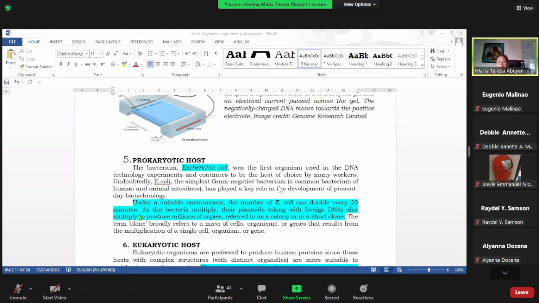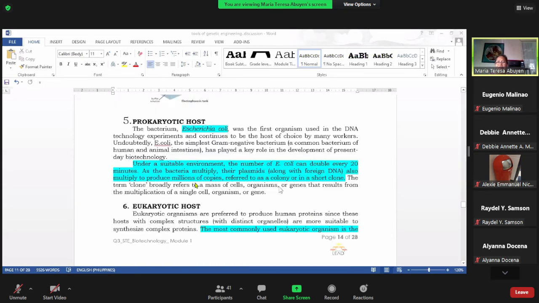As the bacteria multiply, their plasmids, along with foreign DNA, also multiply to produce millions of copies, referred to as a colony or, in short, a clone. Aside from being inexpensive, the E. coli easily multiplies. Another tool in genetic engineering is the eukaryotic host.